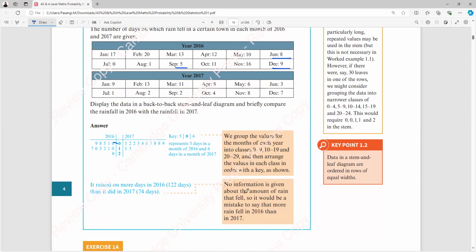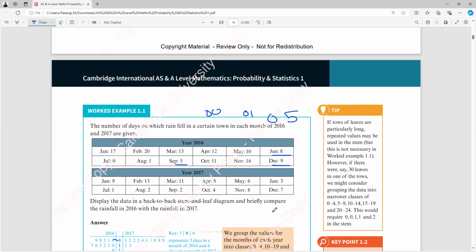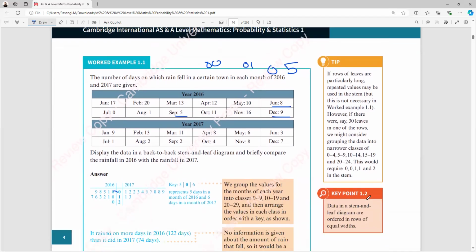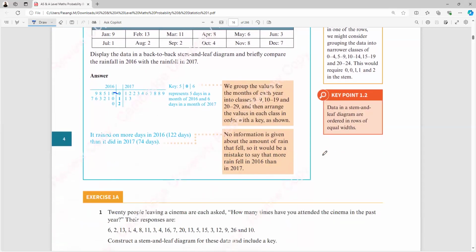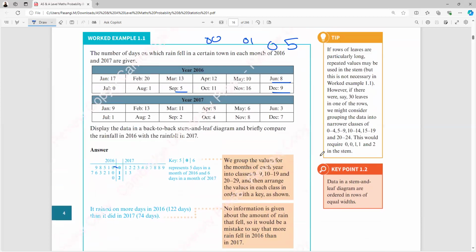No information is given about the amount of rain that fell, so it would be a mistake to say that more rain fell than this. But anyway, we can't represent it as class intervals. That one you can just neglect and do it.